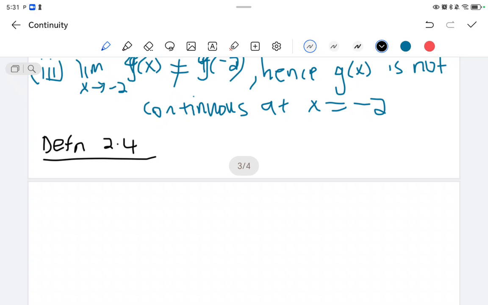Here, we're given a function over some certain interval.